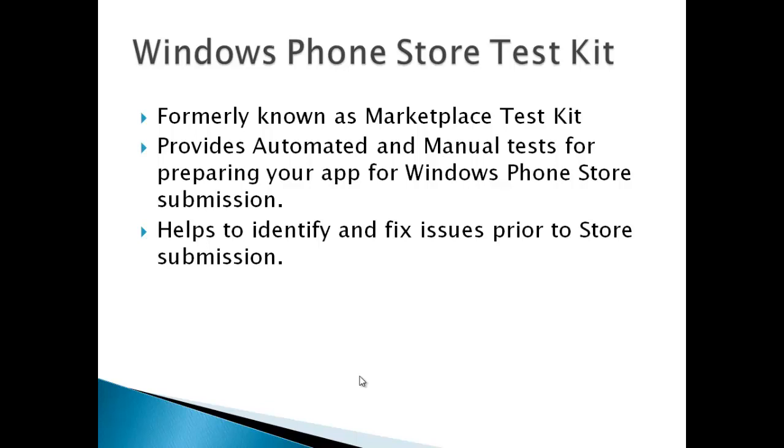And if you haven't defined anything in the capabilities and you're still trying to submit it, whatever we saw in the app manifest file, you haven't set the capabilities, but still you're using that in your app, it will also tell you, okay, this app uses these capabilities and the submission will fail. And it will help you to identify and fix issues even before you submit to the Windows Phone Store.